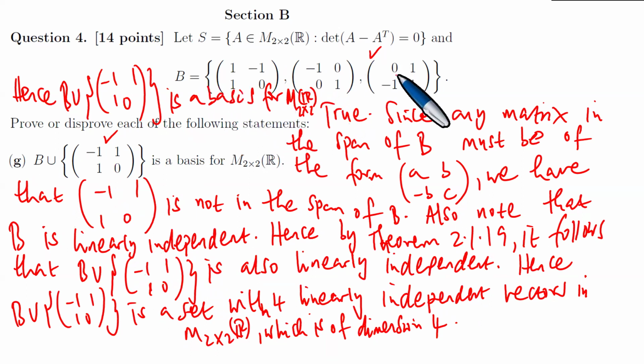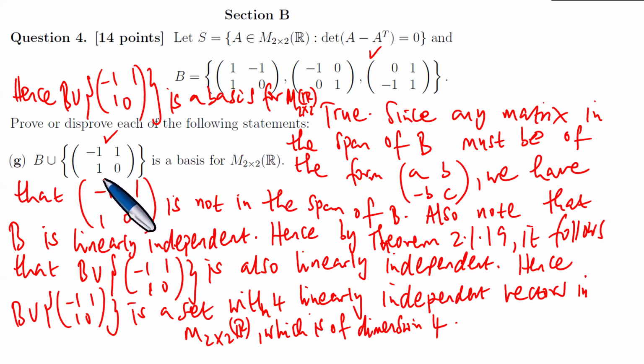That is also seen from the observation we made that if you have an element here, then its negative is there, so that we have B and minus B, so that obviously this is not in the span.